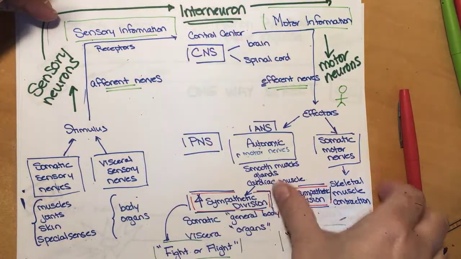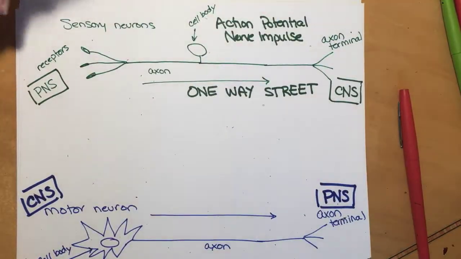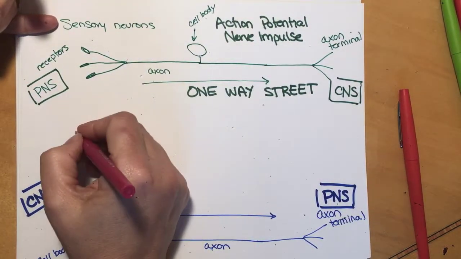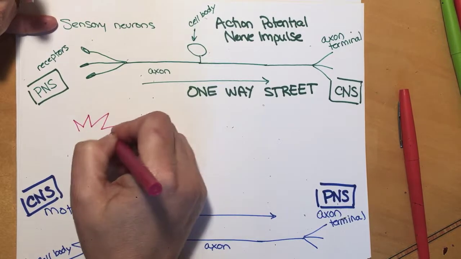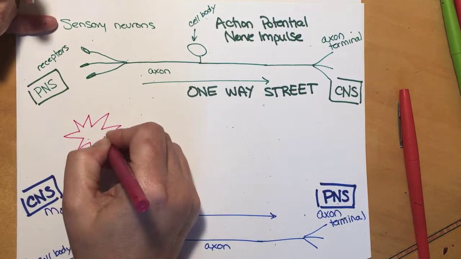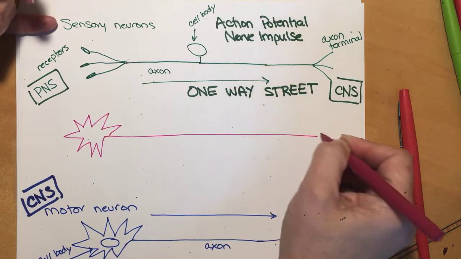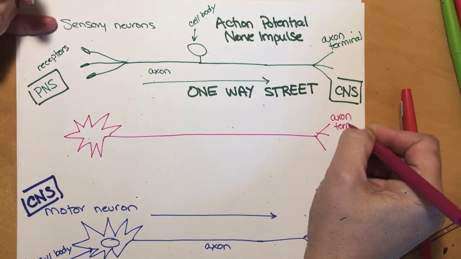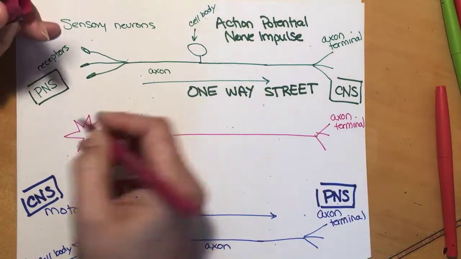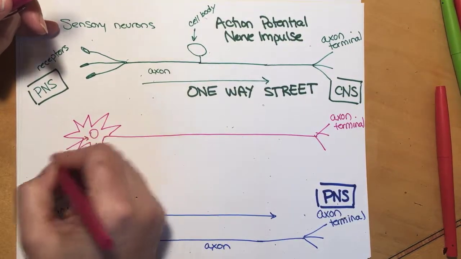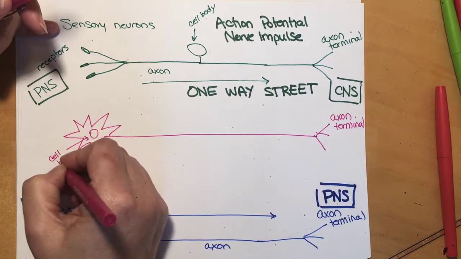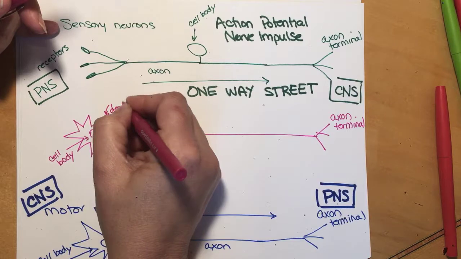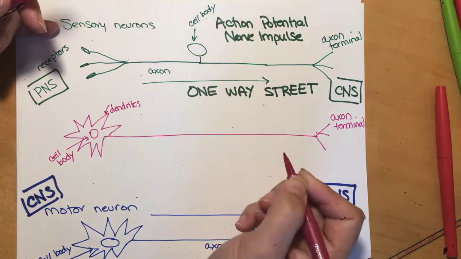We haven't talked about the interneuron. What kind of neuron is that? Well, an interneuron actually has the same structure as a motor neuron. So we've got dendrites and a long axon and then an axon terminal. There's the cell body. These are the dendrites, which are going to receive information.